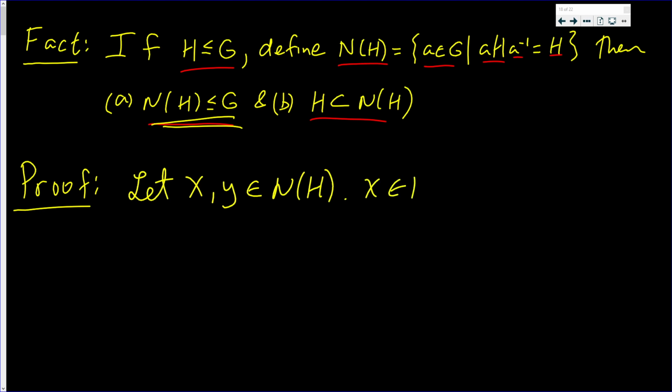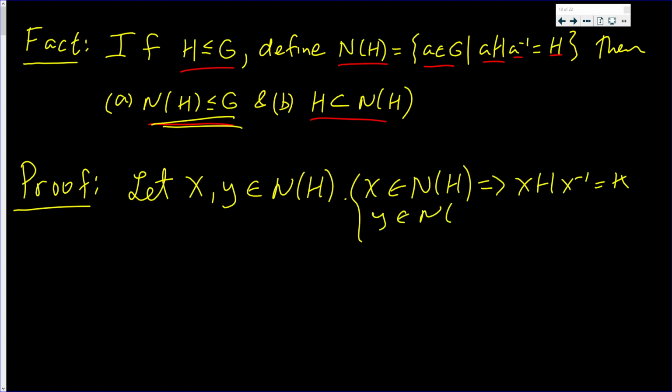X is in N of H implies that X times H times X inverse is equal to H, and Y is an element of that set, implies that Y times H times Y inverse is equal to the subgroup H.